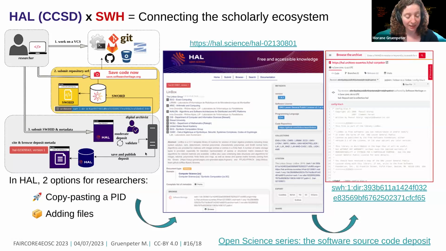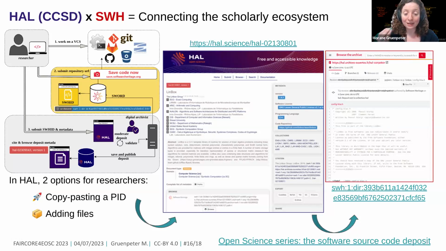And after this validation, this software will be published. And this is how it looks on the HAL interface, and then on the Software Heritage interface, where you can browse the source code.